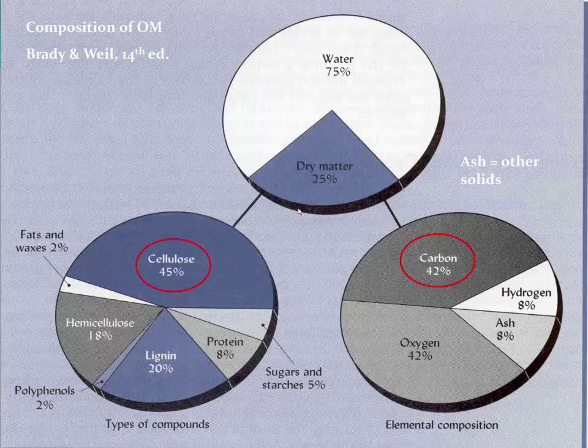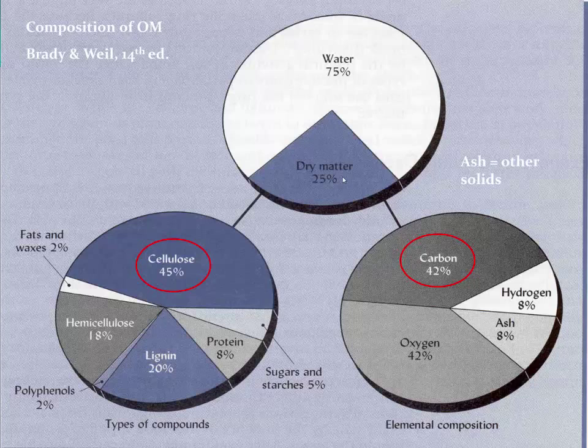That's actually a little bit less water than we have in our own bodies. And if we break down that dry matter and look in the lower left pie chart, we can see that cellulose makes up almost half of the compounds in the dry matter. Almost half of the mass in the dry matter is cellulose, so it's by far the most common.